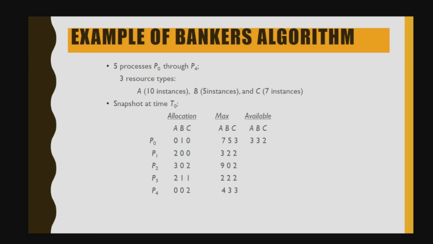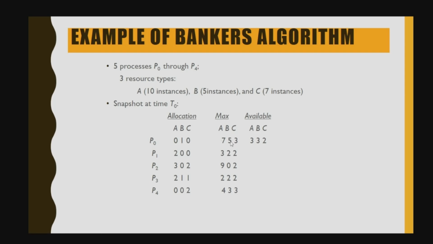So at time 0, we need to identify the allocation, the maximum, and the available. And another part, we need to know the needs. Let's say at time 0, for P0, we have 0 for resource A, 1 for resource B, and 0 for resource C. This is the allocation for process 0.